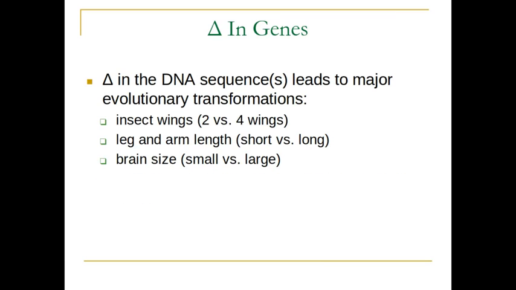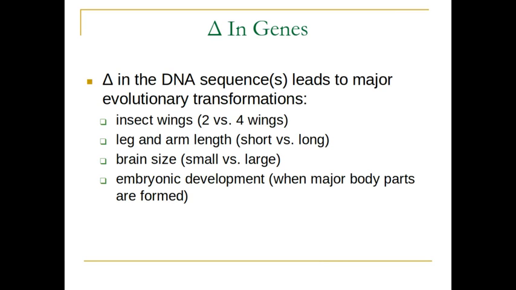Changes in genes can be passed on, and if those changes in the DNA sequence are found in the gametes, then it can lead to organisms with major changes in how they physically look. For instance, a small mutation in the DNA sequence can change insect wings from two wings to four wings, or two pairs.